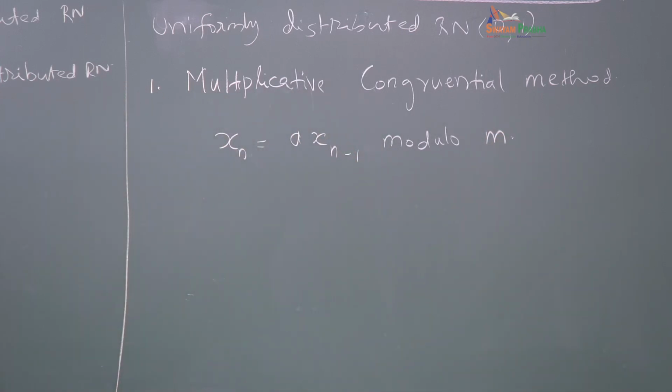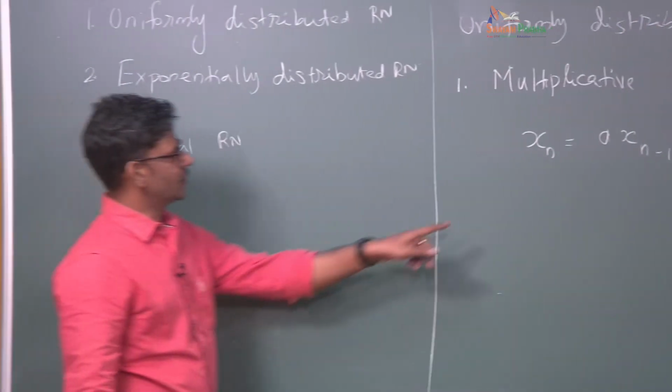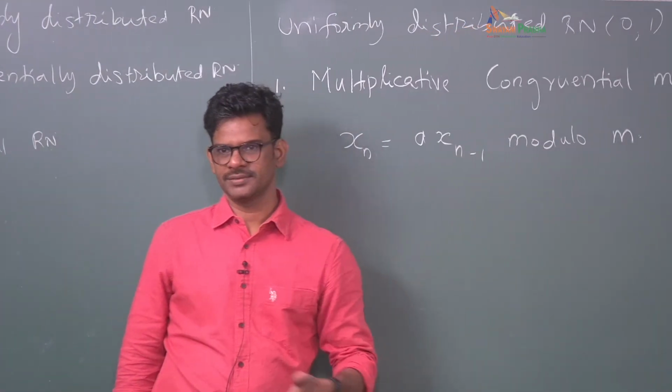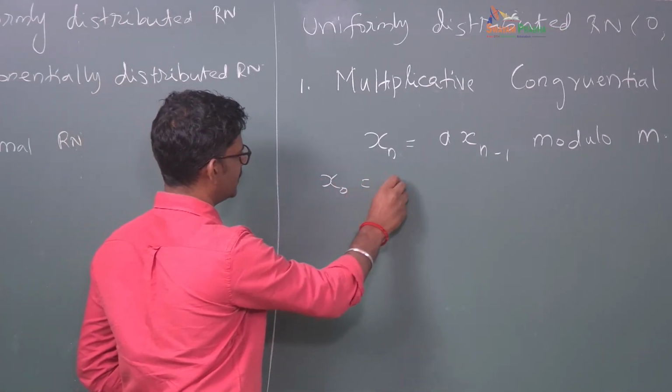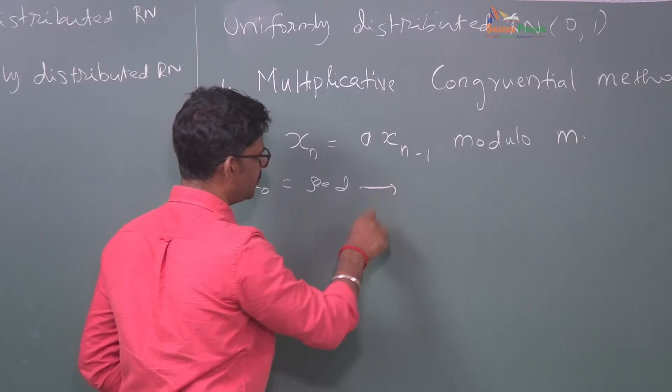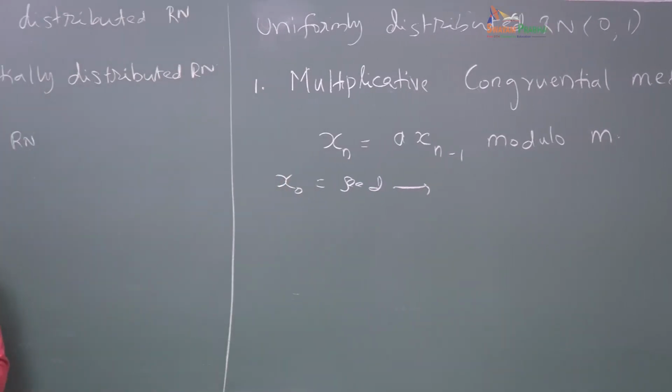Okay. So, this is a mathematical statement of a random number generator. So, n is a sequence. Okay. We start with some seed value x_0. Okay. So, this is the seed, this has to be provided to initiate the sequence.